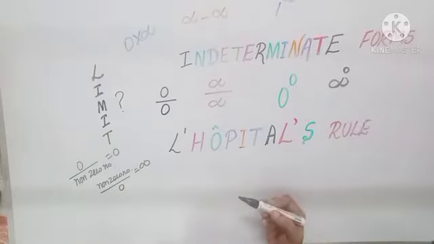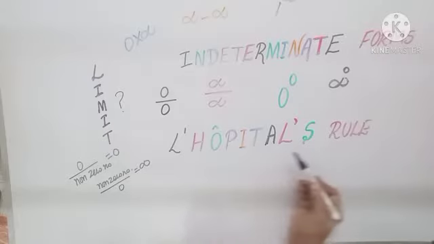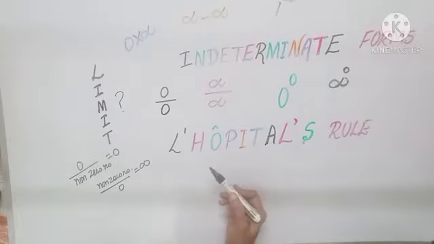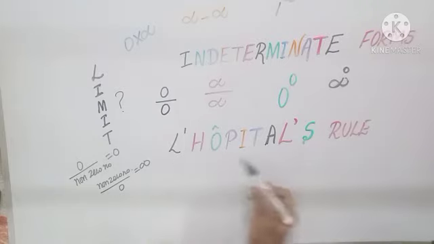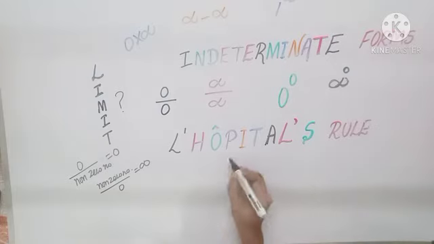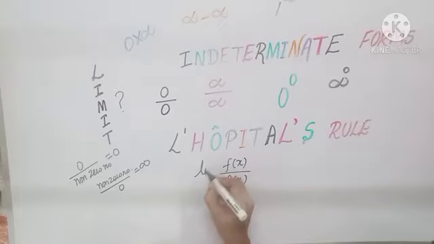In this year's syllabus, we are learning L'Hopital's rule, or some people call it Hospital's rule. This is the rule that is applied. What is this rule? You have f of x by g of x, limit x tends to a.